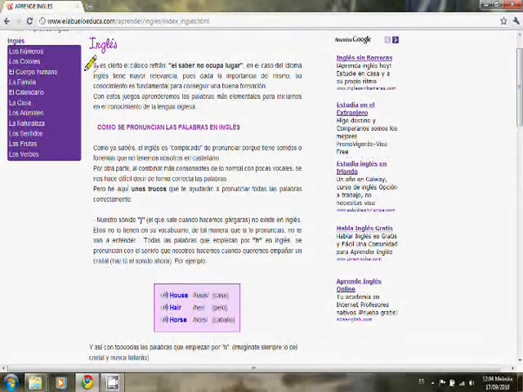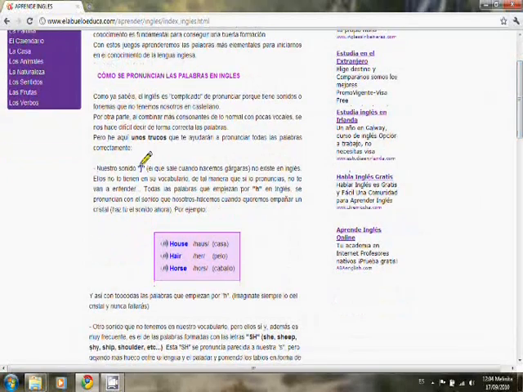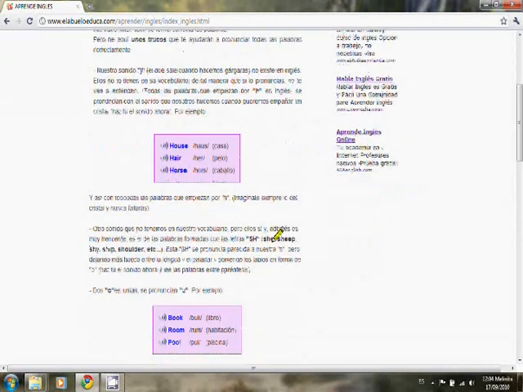Before we start with the topics, this is a very useful page because you can see how the words are pronounced in English. This English is actually British English. You can see how the H sounds just by clicking on here and here.